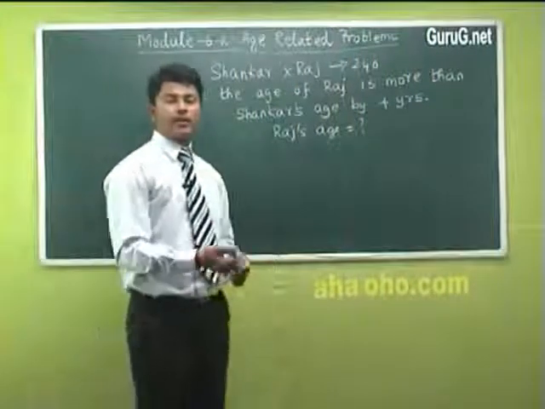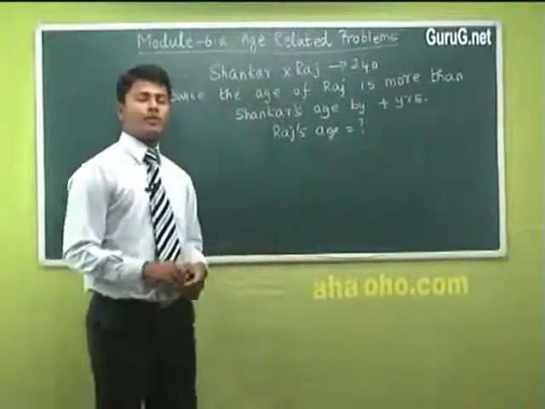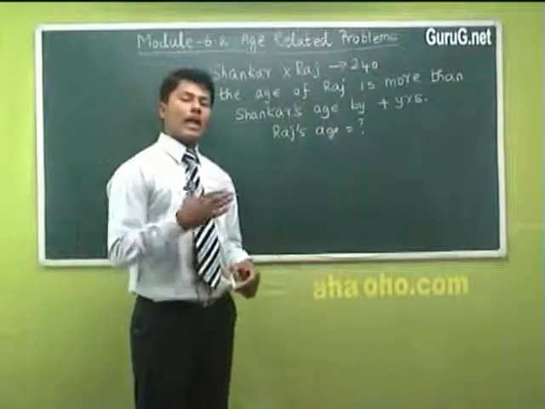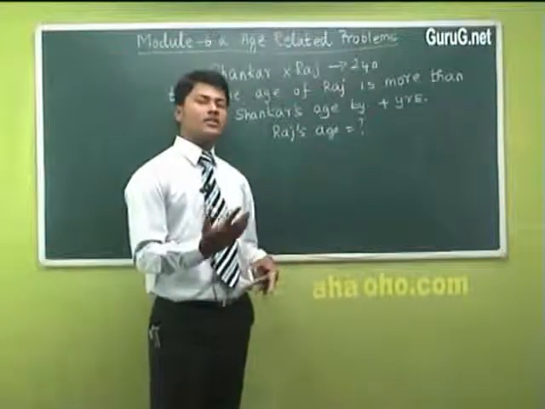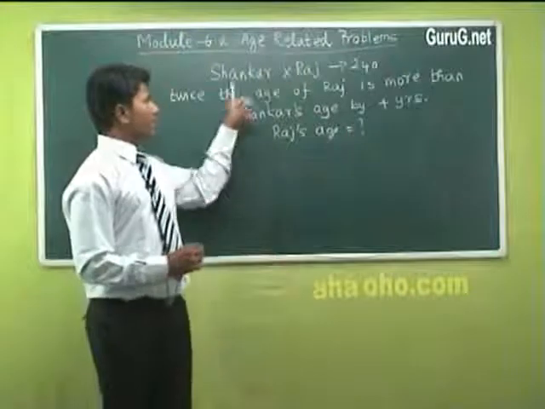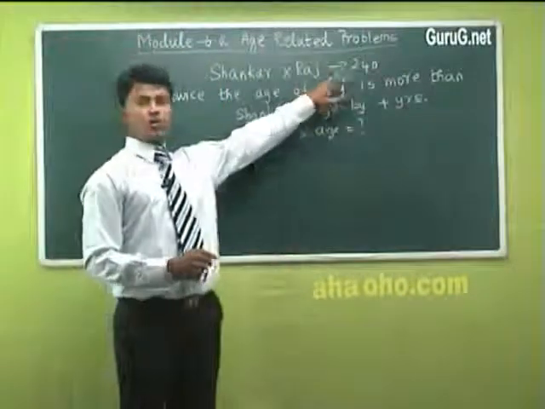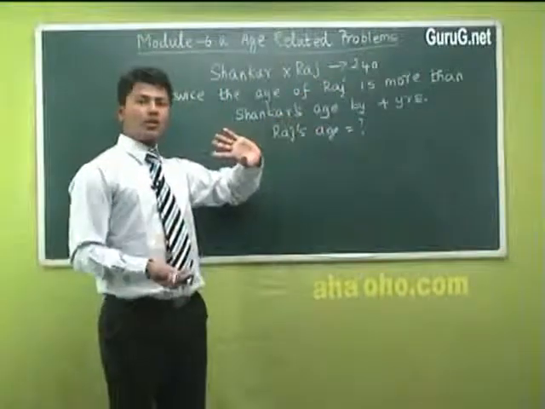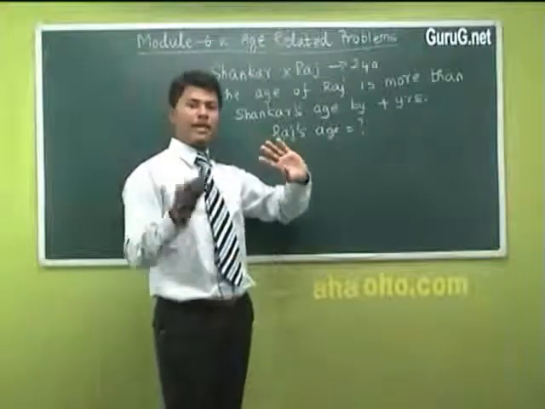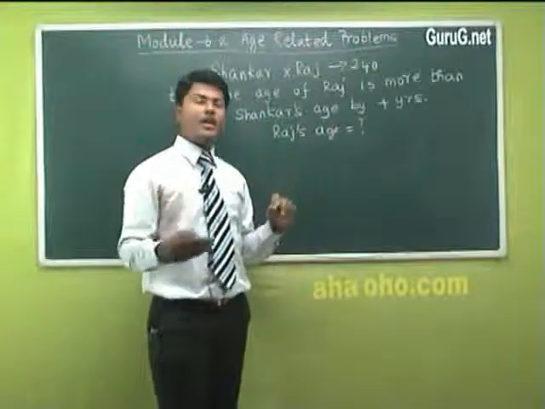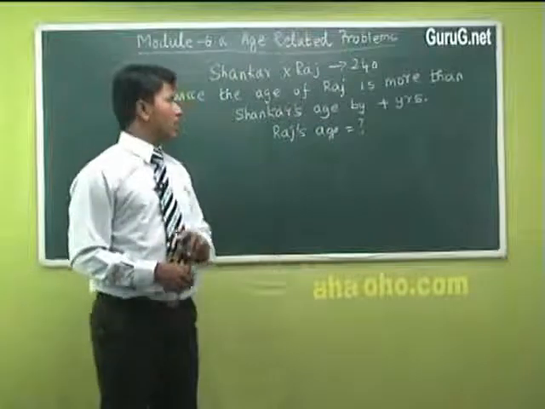So here we have another type of age related problem. It is given that the product of the ages of Shankar and Raj is 240. Product in the sense multiplication. If you multiply the ages of Shankar and Raj, you will get 240.